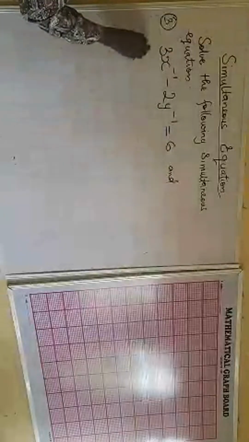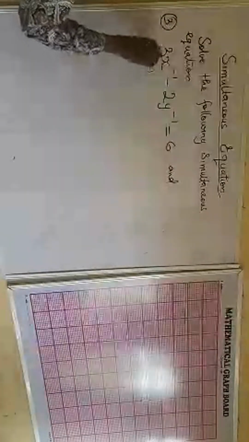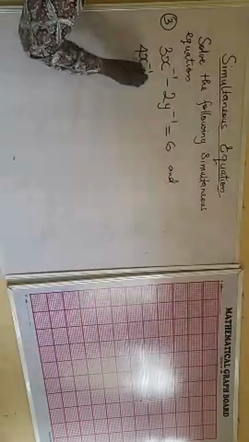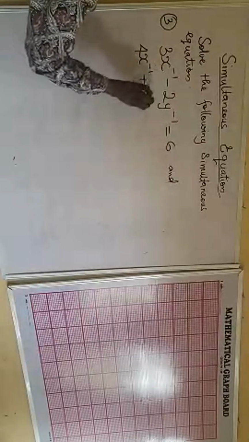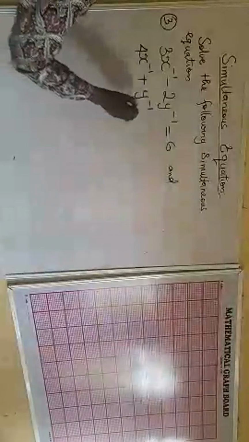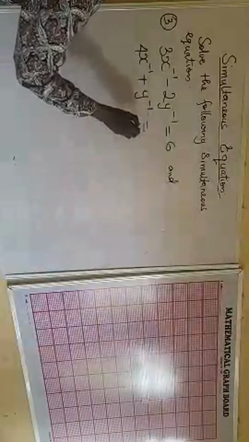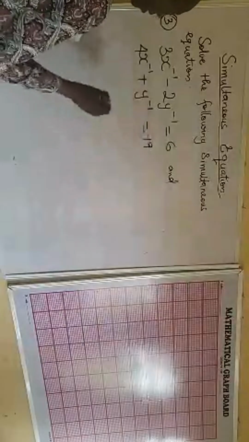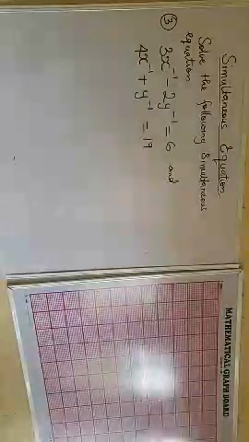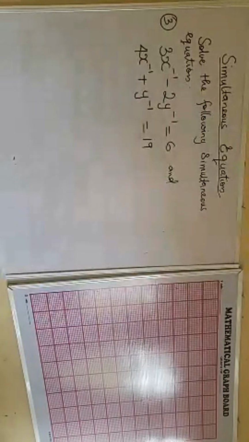And then 4x raised to the power of minus 1 plus y raised to the power of minus 1 is equal to 19. Now, let's solve the equations.